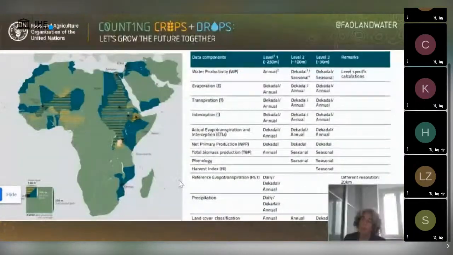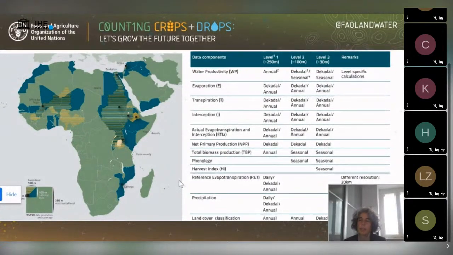What we cover, this figure here, provides a summary of the data we have. I'm sure you will have the opportunity to learn this by heart in the next weeks, but the overview is that we provide data for the whole of Africa and the Near East at 250-meter resolution. So we have three different levels of resolution, because we believe that each challenge has its own data requirements.